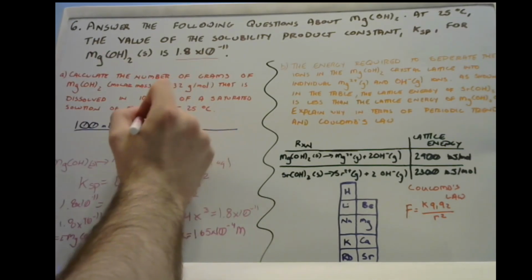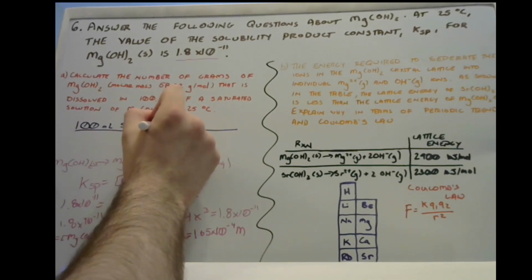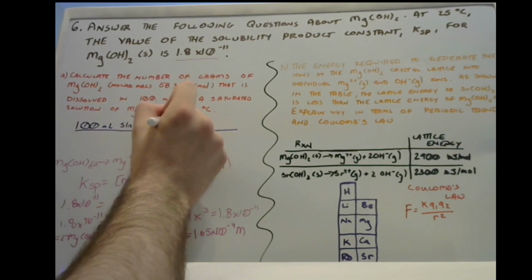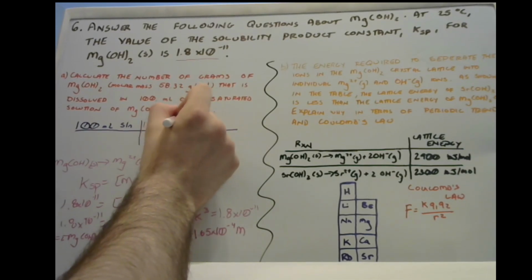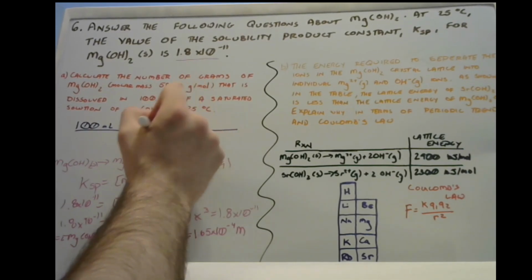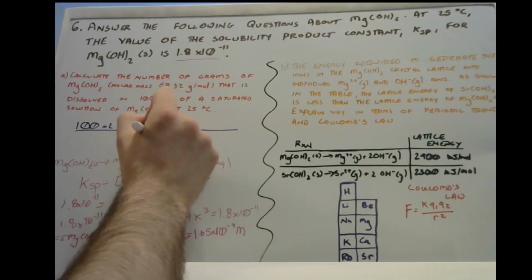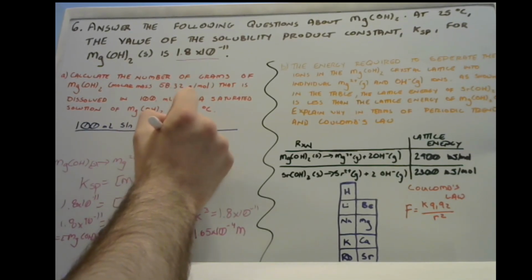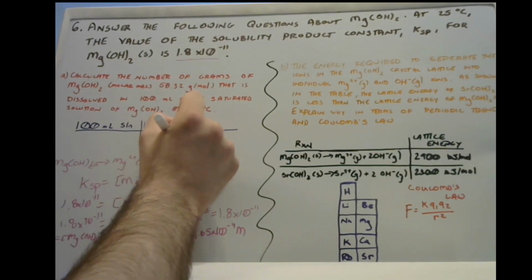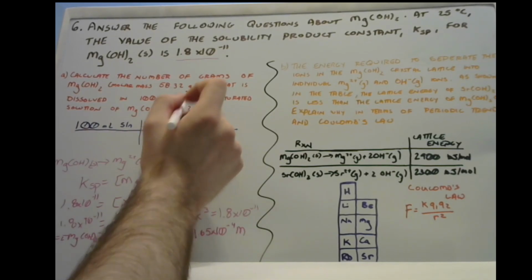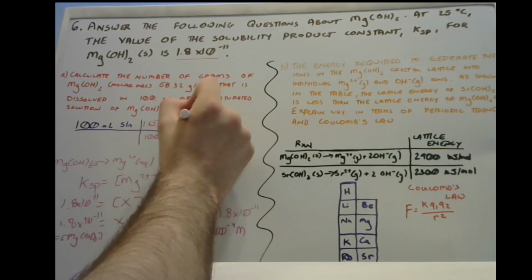We know it is 1.65 times 10 to the negative 4th mole per 1,000 milliliters of solution, and that's moles of magnesium hydroxide.